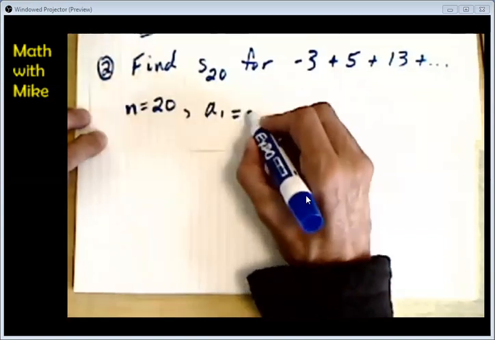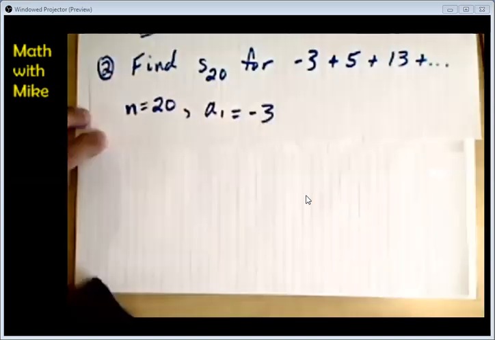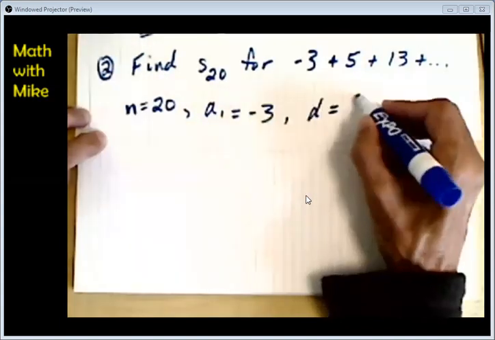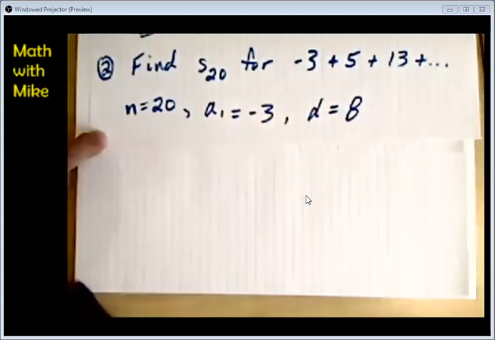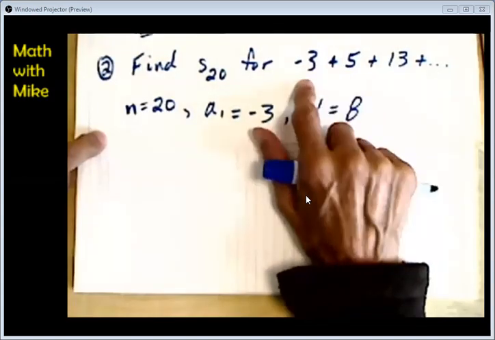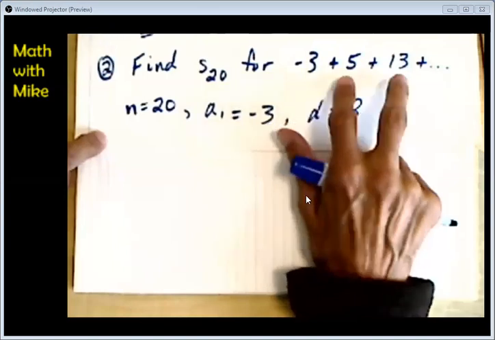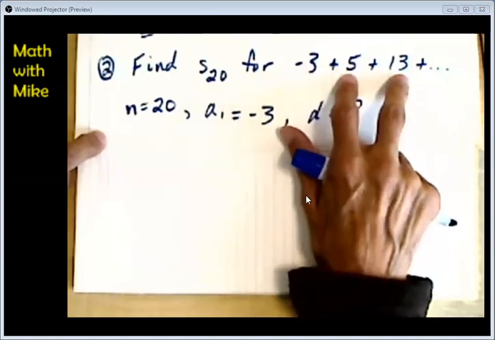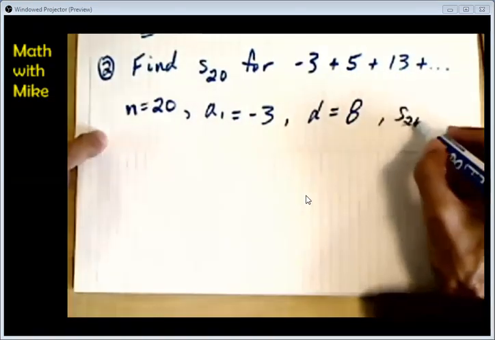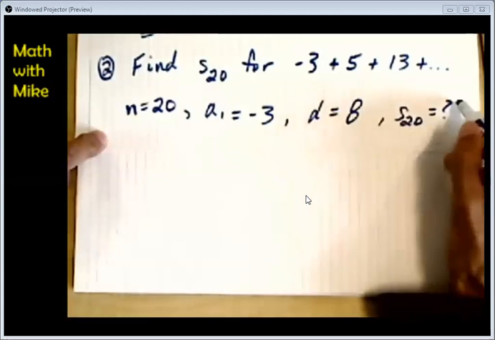A1 is minus 3 from there, yeah. Yeah, D is going to equal 8 when you work this out. Okay, you could do it as 5 minus 3, but this is probably easier. 13 minus 5, right? Yeah. And from class pointing out, and a good idea, have the question in there too.